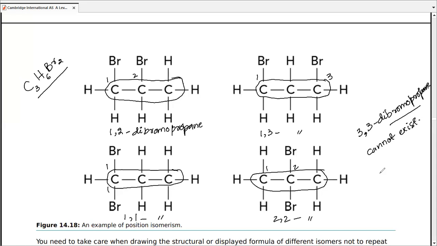Now, can anyone answer why 3,3-dibromopropane cannot exist? Or how is it a wrong name? Now, if you understand this point, it would be very easy to actually clear your confusions in an MCQ paper and answer them correctly.